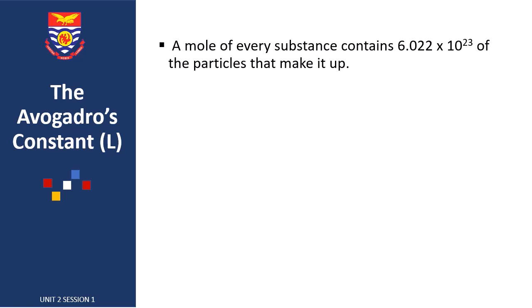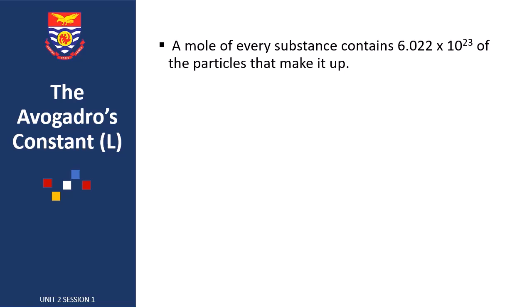So what it means is that anytime you say I have 1 mole of a sugar, it means you have 6.022 times 10 to the power 23 particles of the sugar. If I say I have 1 mole of oranges, then I have this big number of oranges.